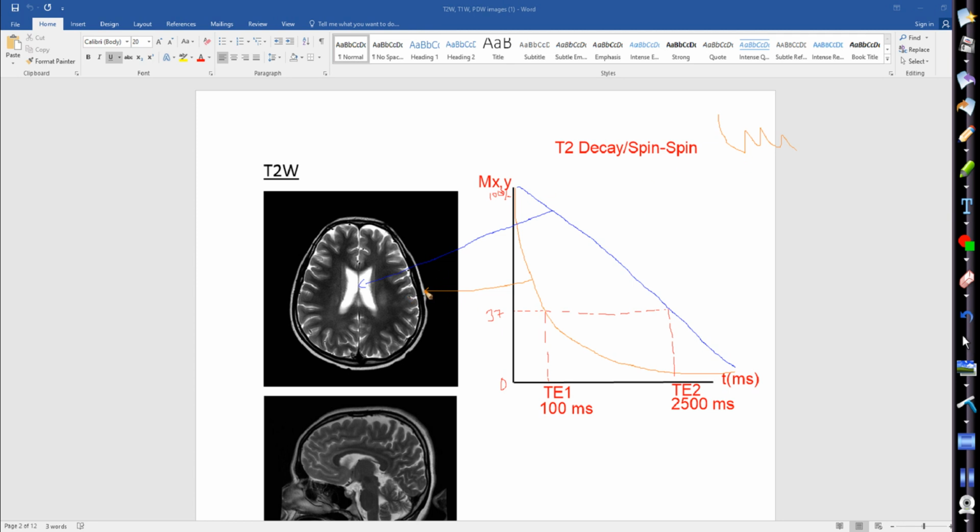Fat has lower signal intensity than water, yes, but if it was just a typical spin echo pulse sequence, it would look a lot darker than this. But this is what fat looks like on a T2 weighted image. Okay? Right?